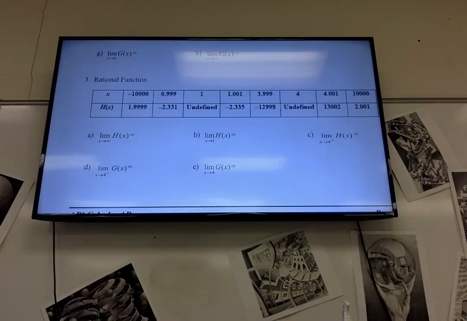So what we have to do is look at it from this side and from this side, because it doesn't say just the left-hand side or just the right-hand side. We know the left and the right have to be the same in order for it to work. When I approach it from the left, it looks like negative 2.33 and then something, and from the right, it's negative 2.33 and then something.